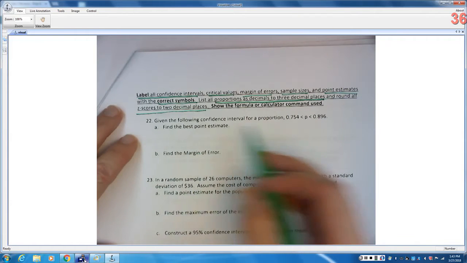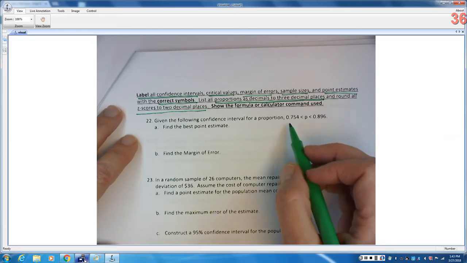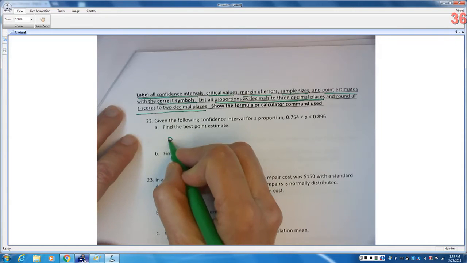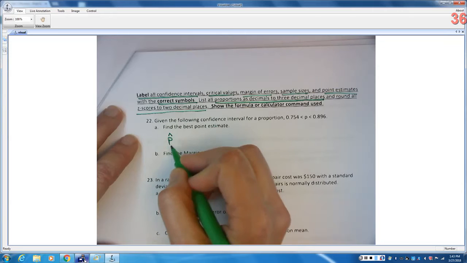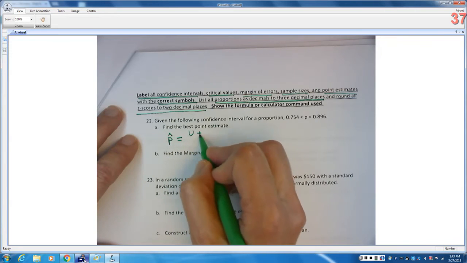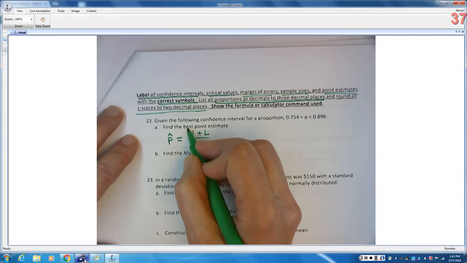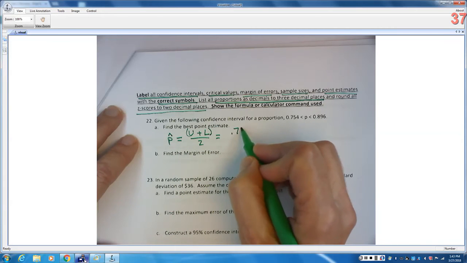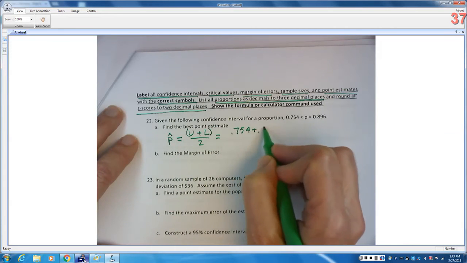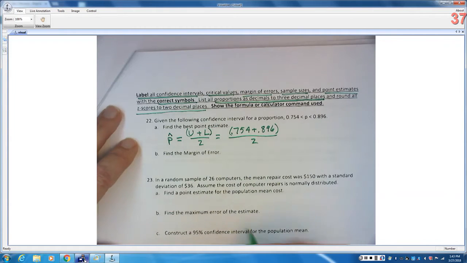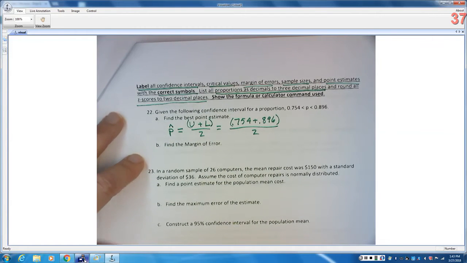If you're given a confidence interval for proportion, can you find the point estimate? The symbol for sample proportion is p hat, and that's just the upper plus the lower divided by 2. It's just 0.754 plus 0.896 divided by 2, and you can do that in your calculator.